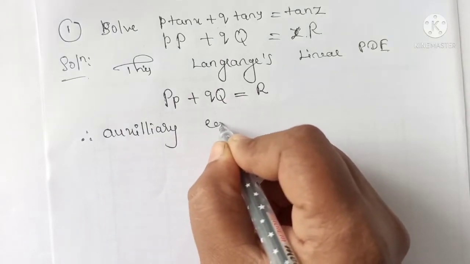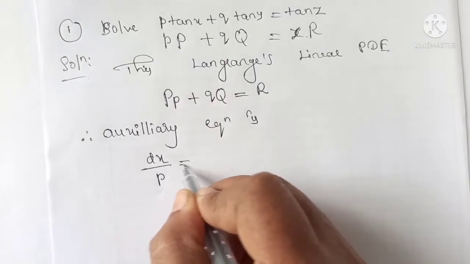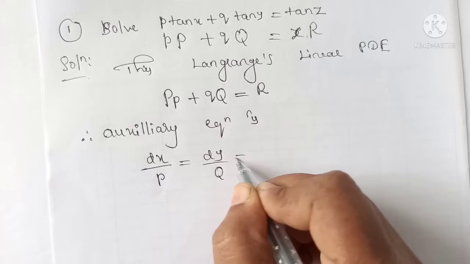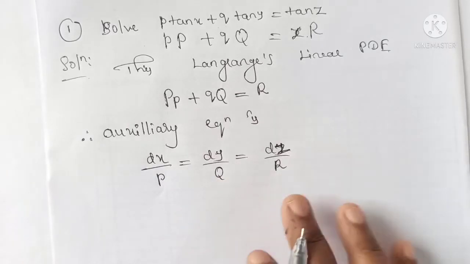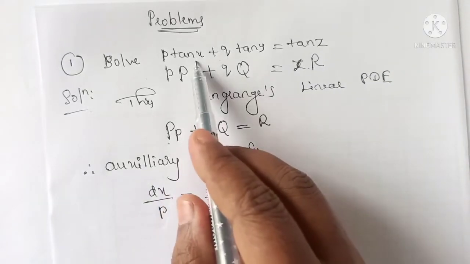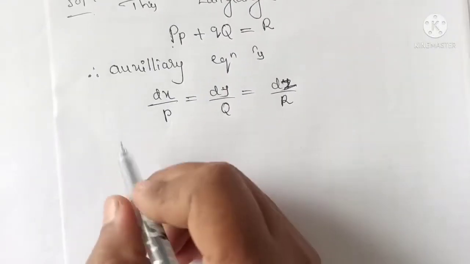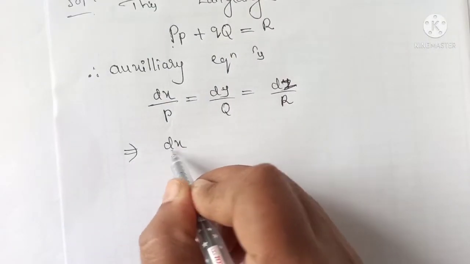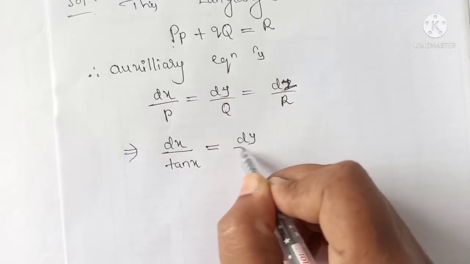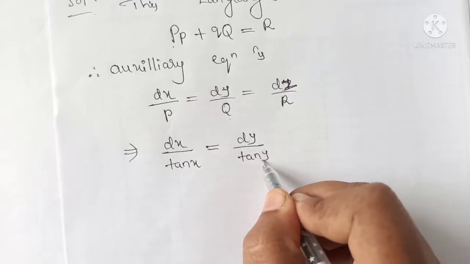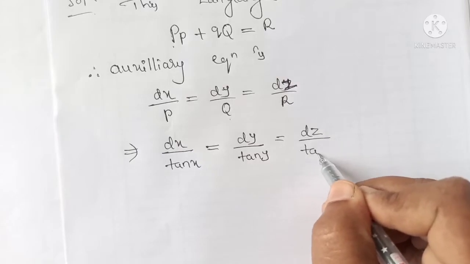The auxiliary equation is dx divided by P equals dy divided by Q equals dz divided by R. Here P is tan x, Q is tan y and R is tan z. Therefore we get dx divided by tan x equals dy divided by tan y equals dz divided by tan z.